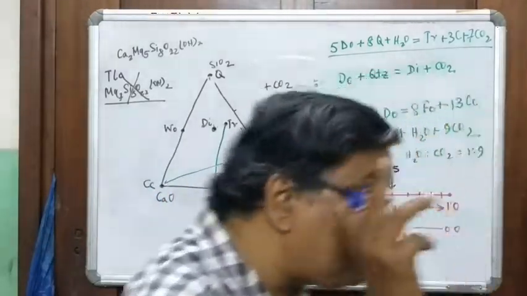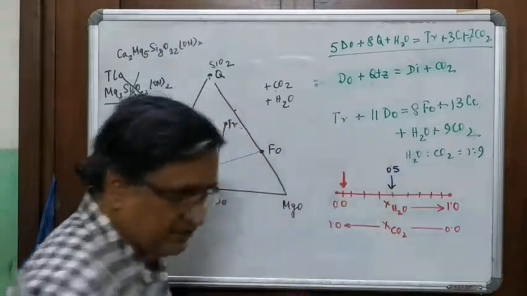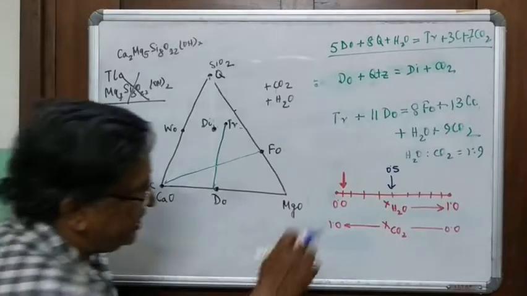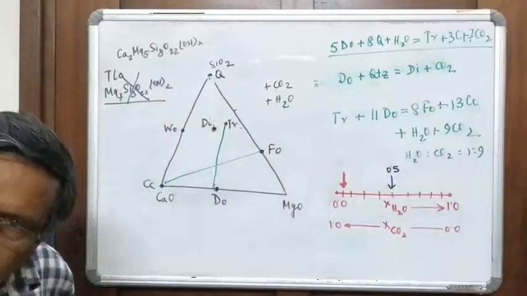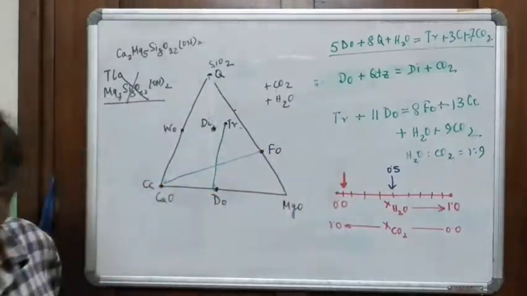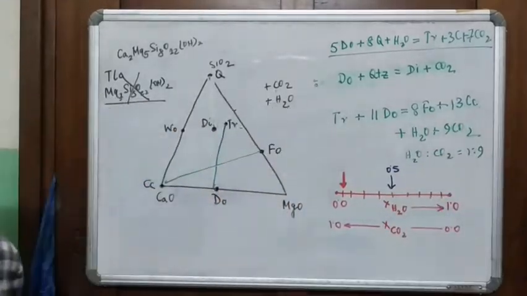That fluid was in equilibrium with tremolite plus dolomite. Now you have this fluid, XH2O equal to XCO2 equal to 0.5, and you produce a fluid where XH2O to XCO2 is 1:9.